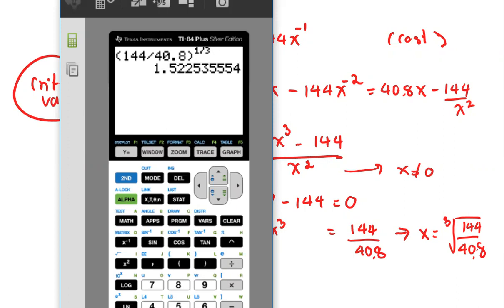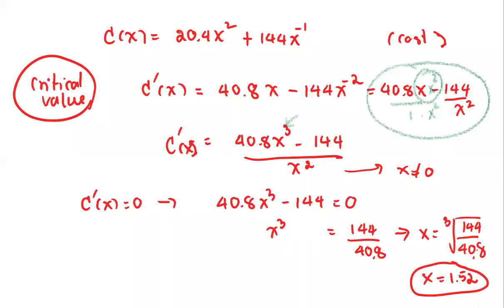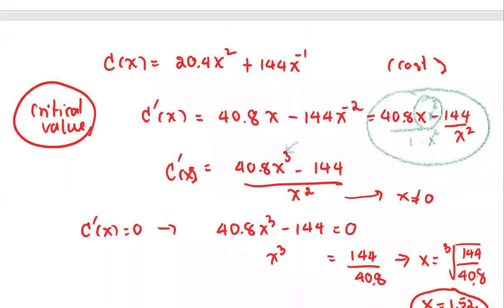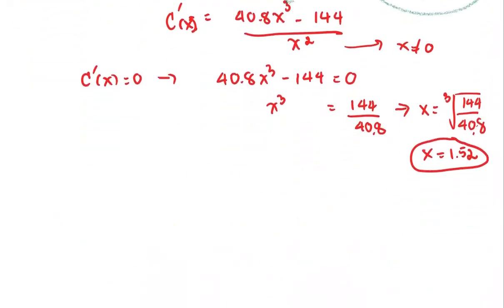The problem asks to round to the nearest hundredth, so we're going to keep 2 decimal places. So x is 1.52. I have a question. Yes. Recall we replaced h with 4 over x squared.